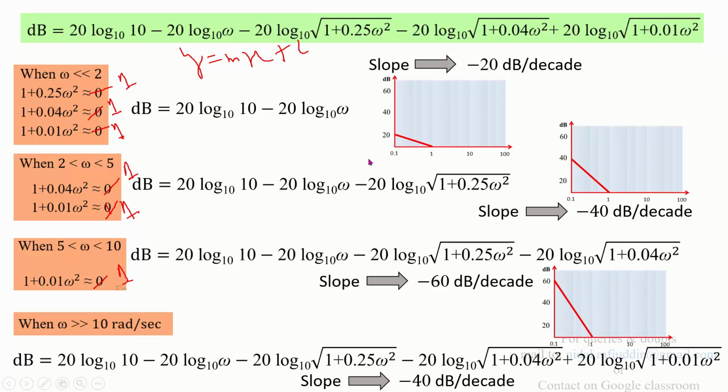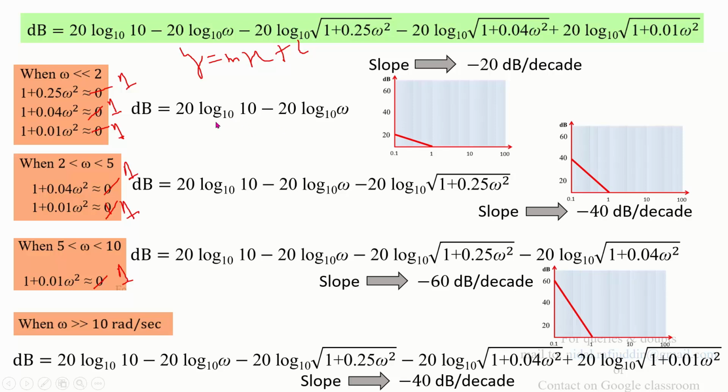Now, after identifying the slope of each of these expressions, you will have to identify at least one point where the curve will pass. If you identify any one point where the curve will be passing, then that will be enough to plot the Bode plot, because you know the slopes and you know the points where the curve will be taking a turn.